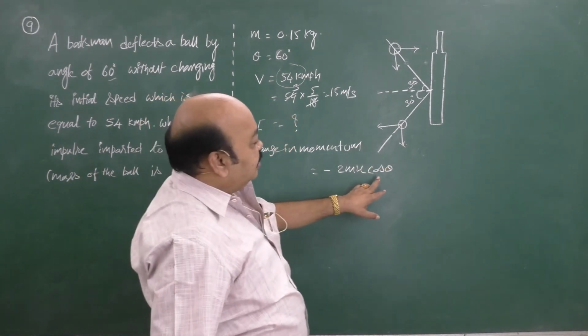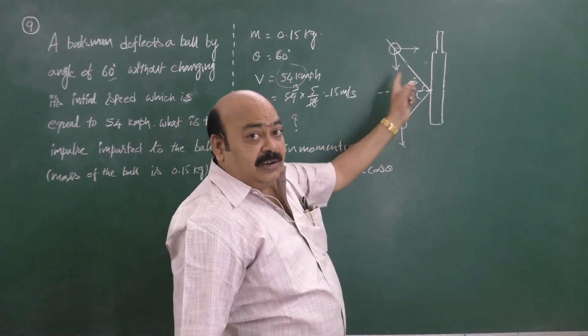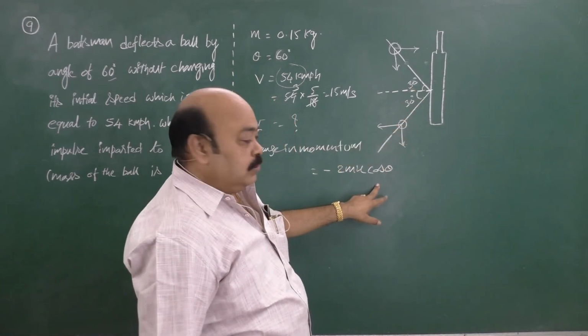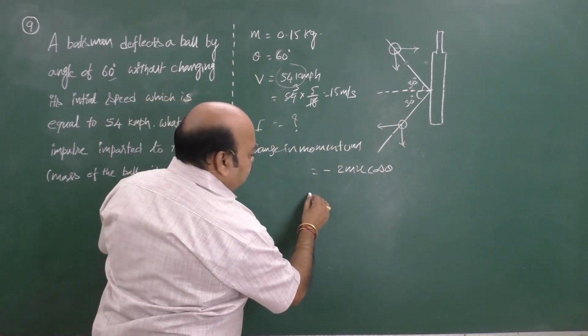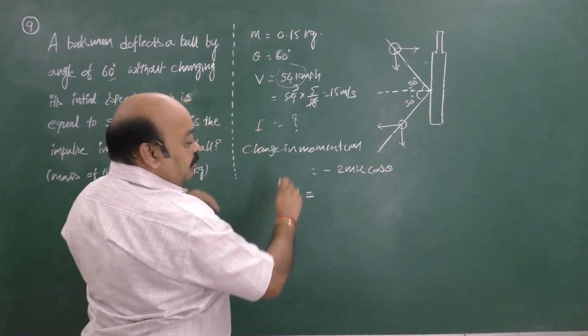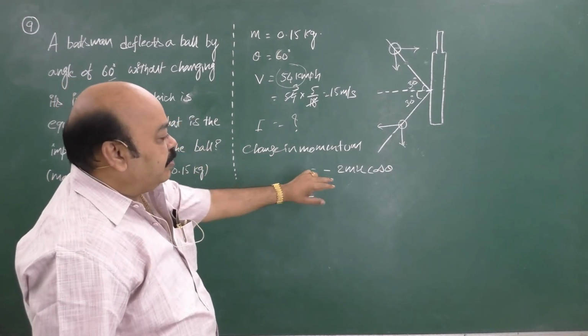Be alert, it's a very sensitive thing. If the angle made by the ball with the bat is mentioned, it comes to sin. Here, this is cos theta. Now simply substitution. Only this negative sign indicates the direction of the momentum. Of course, it is not asked in the question, so it is additional information only.